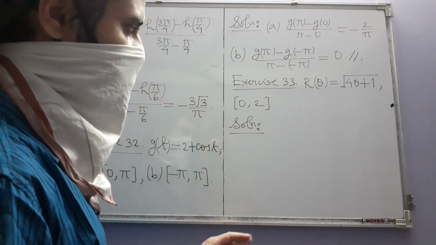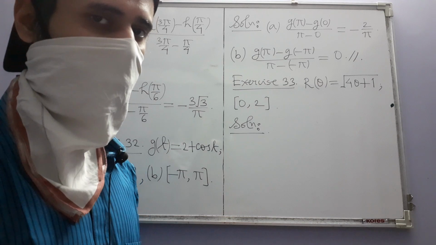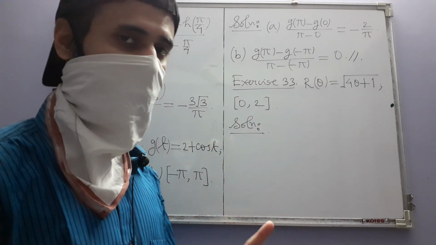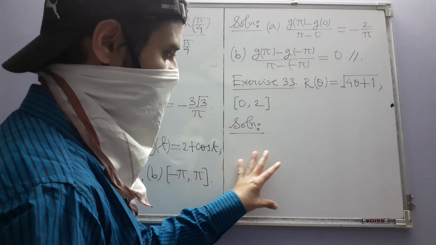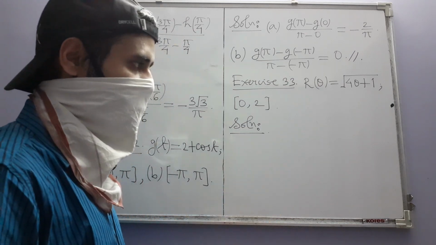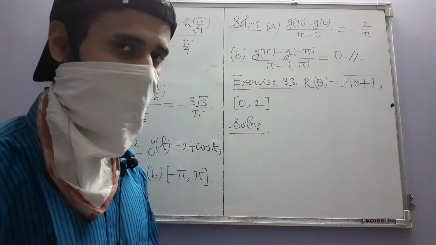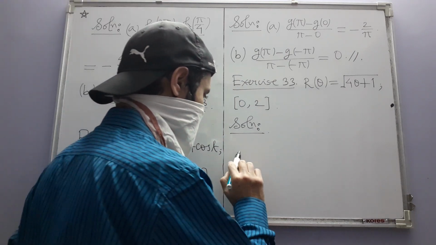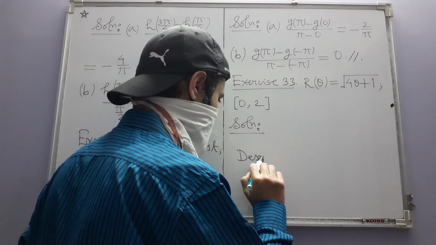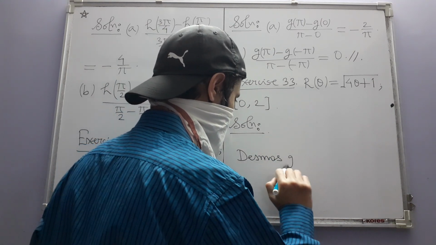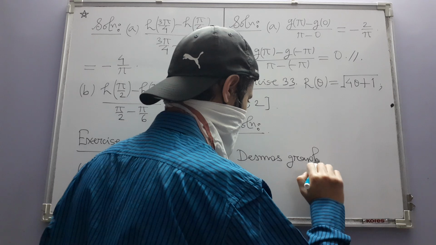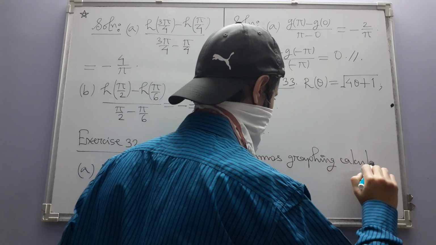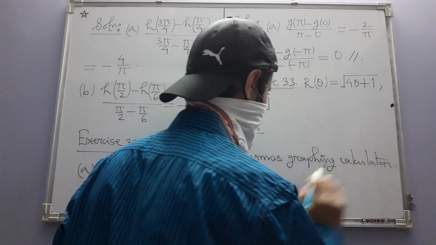Calculus is a very visual thing. I mean, at least at this level where we have only one independent variable, we can draw graphs very easily. We also have a graphing calculator, I mean, the online facility is there, Desmos graphing calculator.